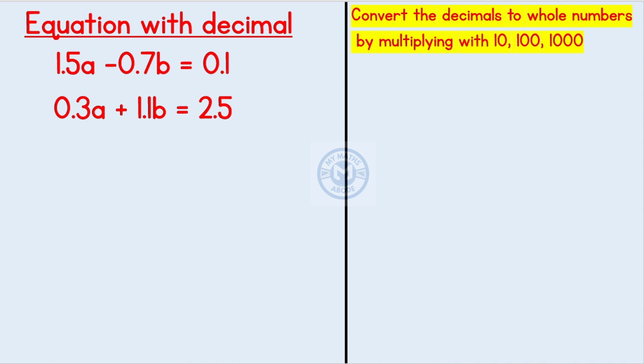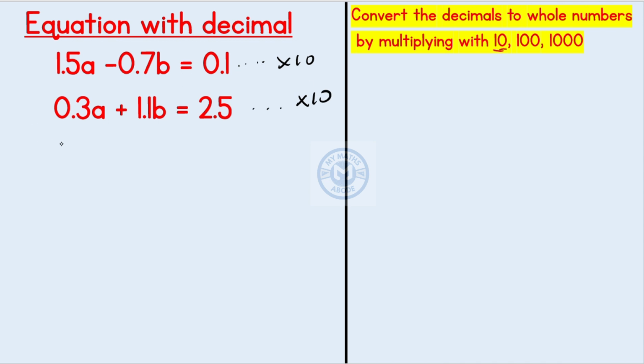Should I multiply with 10, 100, or 1000 to convert everything here to a whole number? So I'm going to multiply with a 10 because multiplying with a 10 will convert everything here to a whole number. So I'm going to multiply everything here by 10, and then everything here by 10.